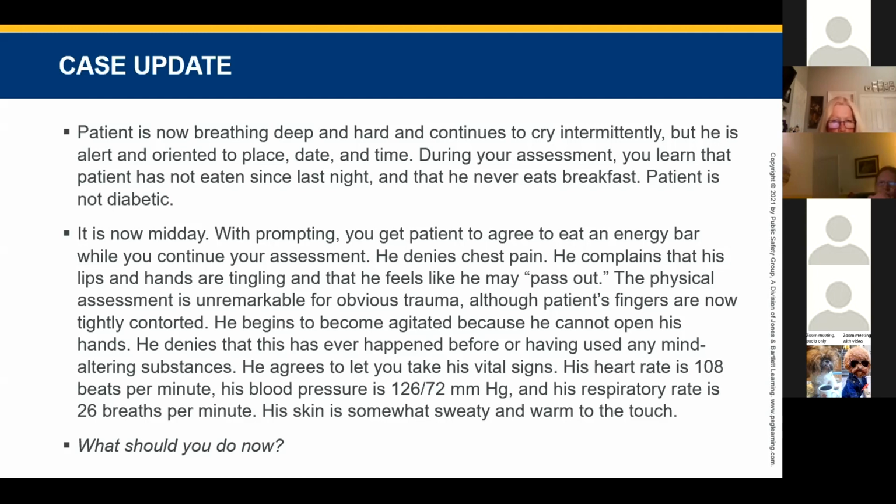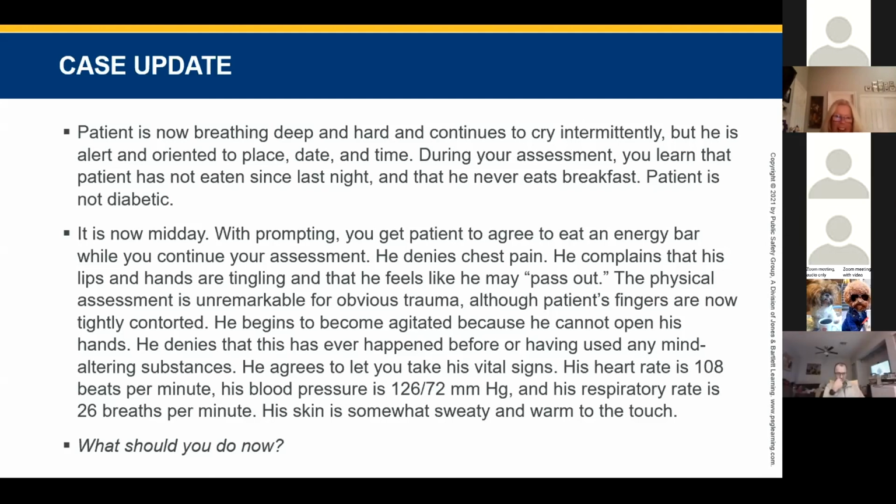So what is going on? Anxiety. Exactly. What happens to the body? Freezes up. Yep, it does. He begins to become agitated because he cannot open his hands. Everything constricts. He denies that this has ever happened before or having used any mind-altering substance.